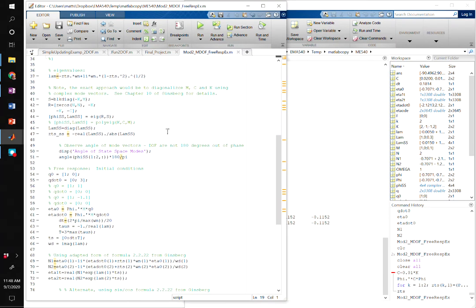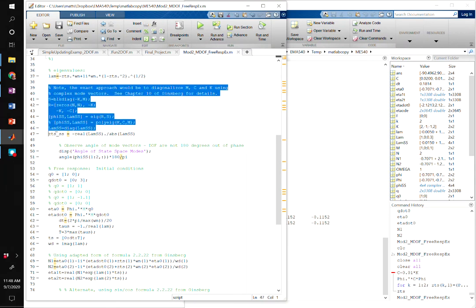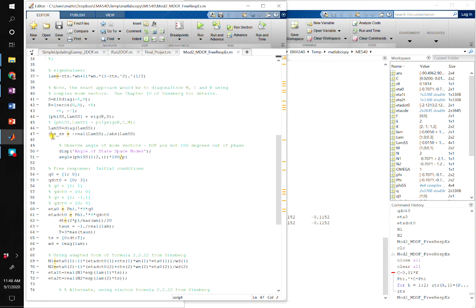Okay, so for now we'll just look at that case. Basically, the rest of this I won't talk about in detail. None of this part will make sense unless you've read chapter 10 in the book, but I put it there just to show that just knowing M, K, and C, you can actually compute the eigenvalues without having to use ODE45 or anything like that.